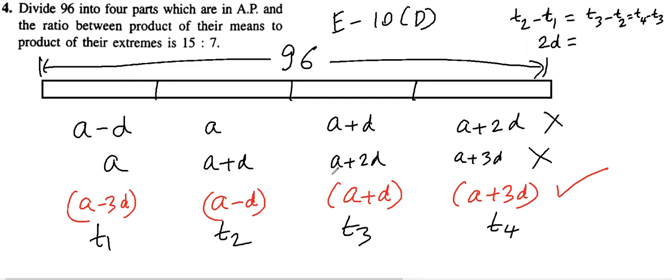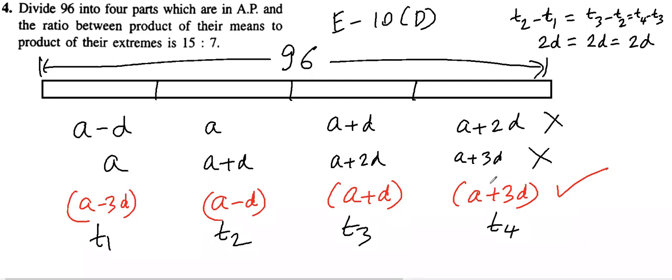So D plus D is 2D. So I am getting 2D here. Similarly here, A and A will get cancelled. 3D minus D is 2D. So I am getting 2D here also. It means the terms which I have selected are in AP. It is the correct term.